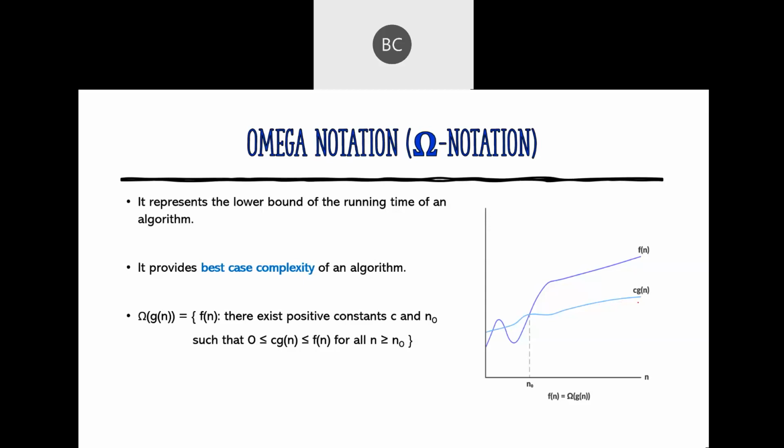So 2 seconds will be your lower limit. It can go above that, but the lower limit is 2 seconds. So your function will stay above the lower limit. c·g(n) is the function for the lower limit, so here the curve will stay above.